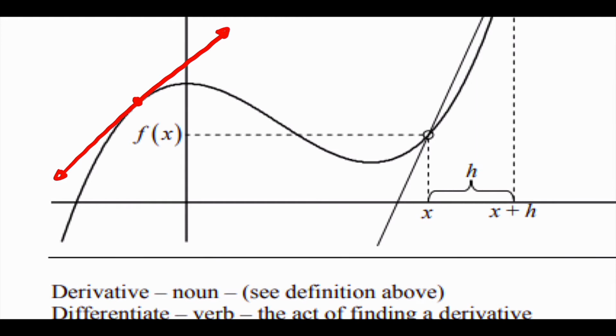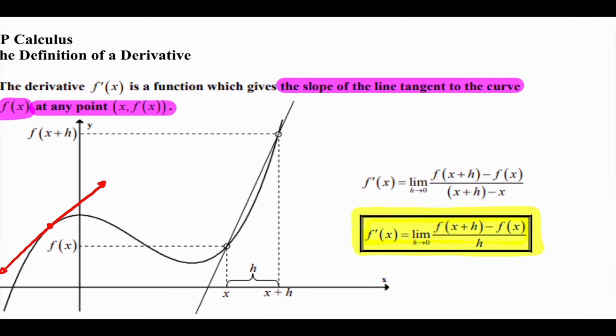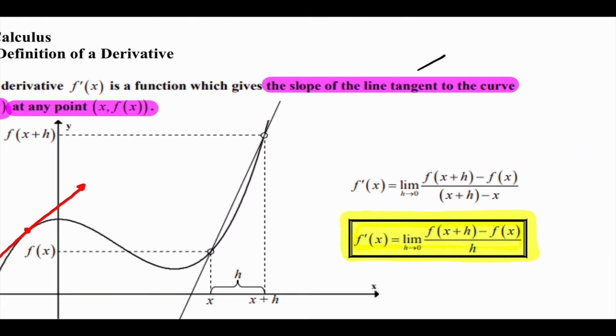That's the only place that it hits the curve. That's tangent. Okay? If something is tangent, it only hits it in one spot. That's what tangent means.